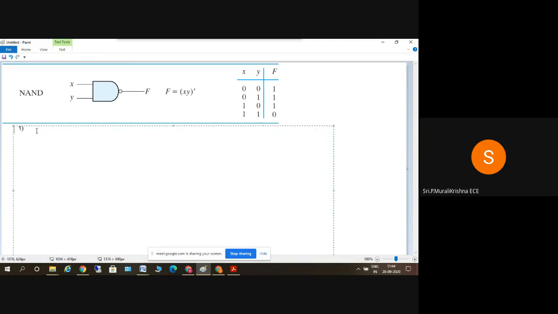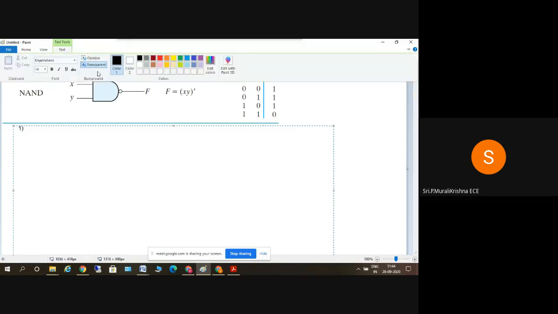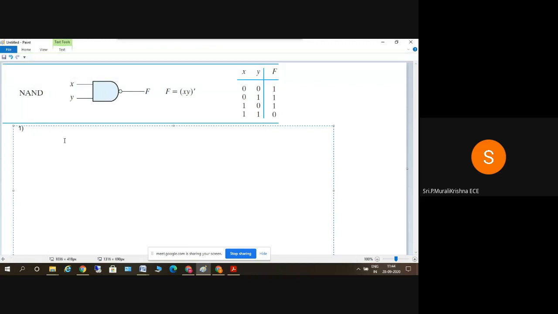So first conclusion is, check the values of 0 0 and check the values of 1 1. So what is the output there?